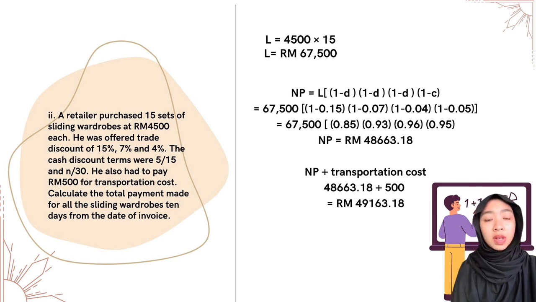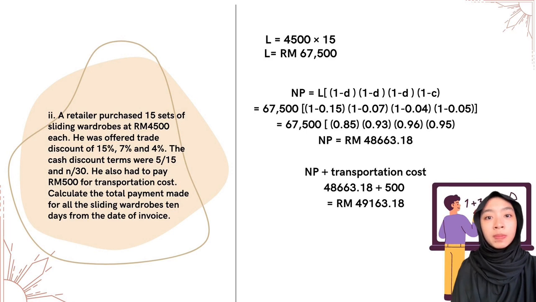So the answer for this question is, to get L, we need to multiply 4,500 by 15. So we get L equal to 67,500. To get the net price, NP equals L times all the chain discounts and times (1 minus C). So 67,500 times open bracket 0.85 times 0.93 times 0.96 times 0.95.